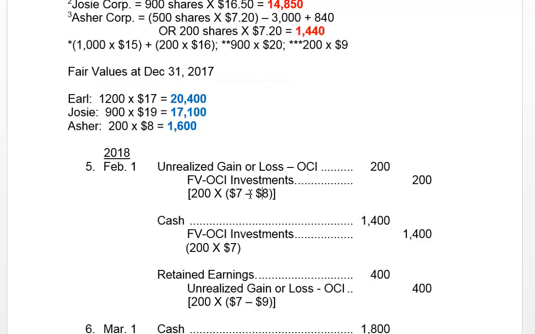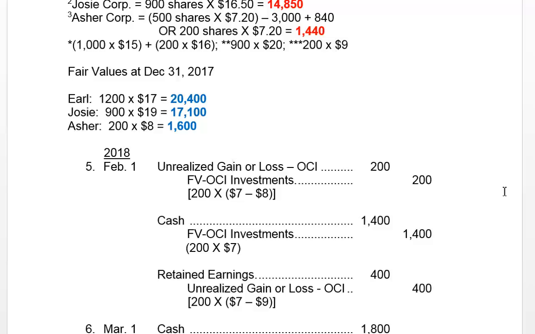We're bringing them from 8 to 7. So we're adjusting our portfolio downward, right? By how much? For the 200 shares we're going to be selling, we have to adjust the portfolio down by $1 a share. So we're going to debit the unrealized gain or loss account because it's an unrealized loss at this point, and credit our fair value through OCI investments for $200.